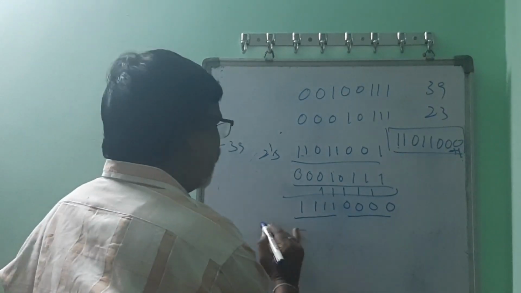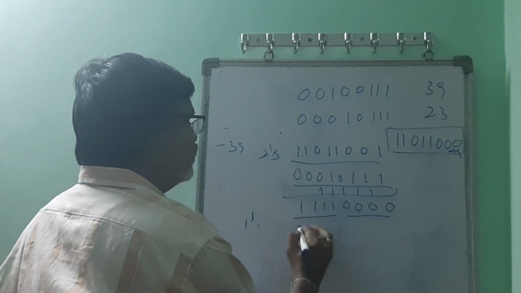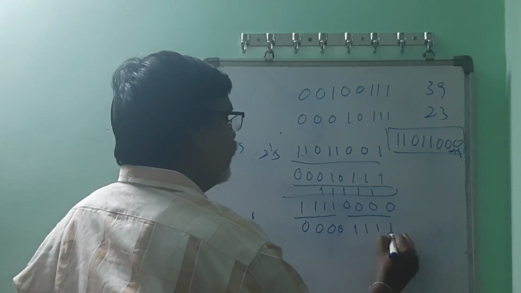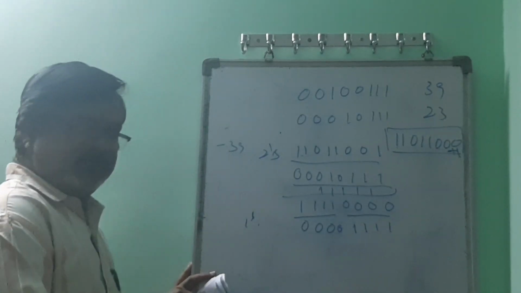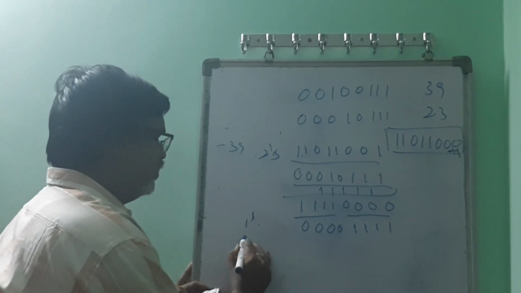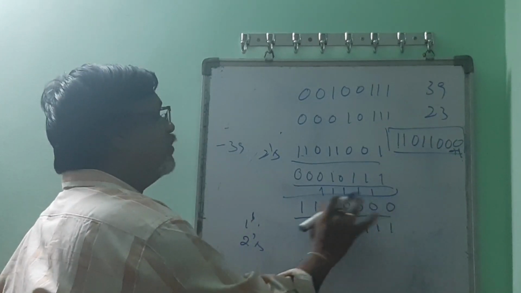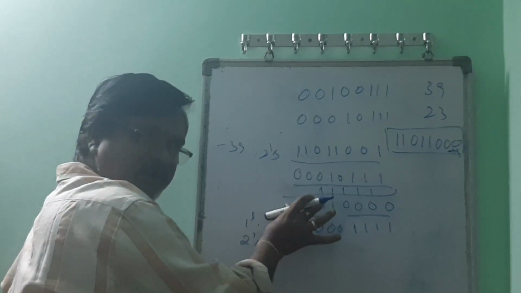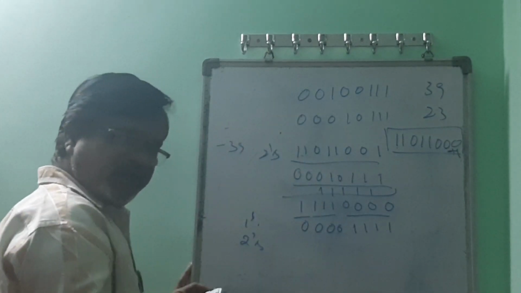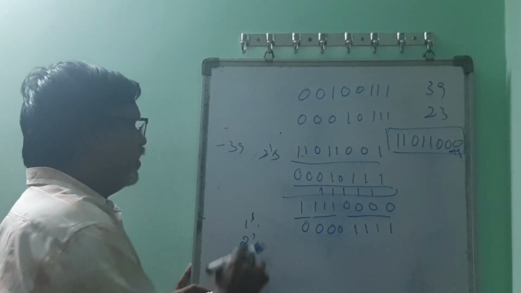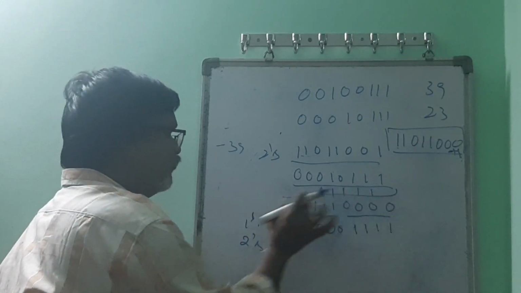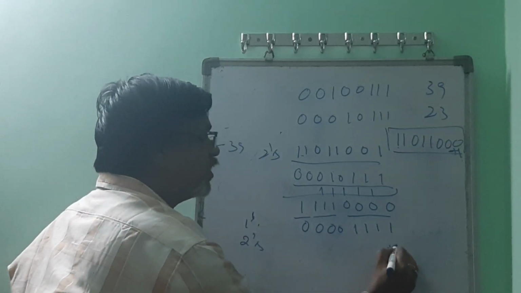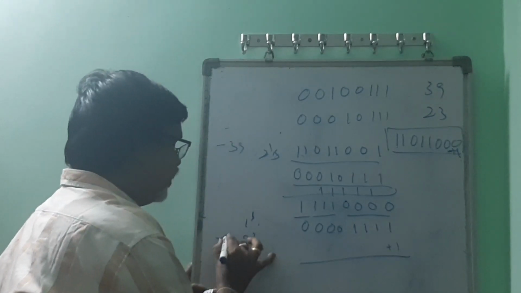So first convert it into the 1's complement, 0 0 0 0 1 1 1 1. This is the 1's complement, but you have to find the 2's complement. So whenever you get the same number of bits when you perform the subtraction, you assume that it is a negative value and convert it to its equivalent 2's complement. So whatever result you got, we found the 1's complement here, and then for that 1's complement we are going to add one more 1 to get the 2's complement.